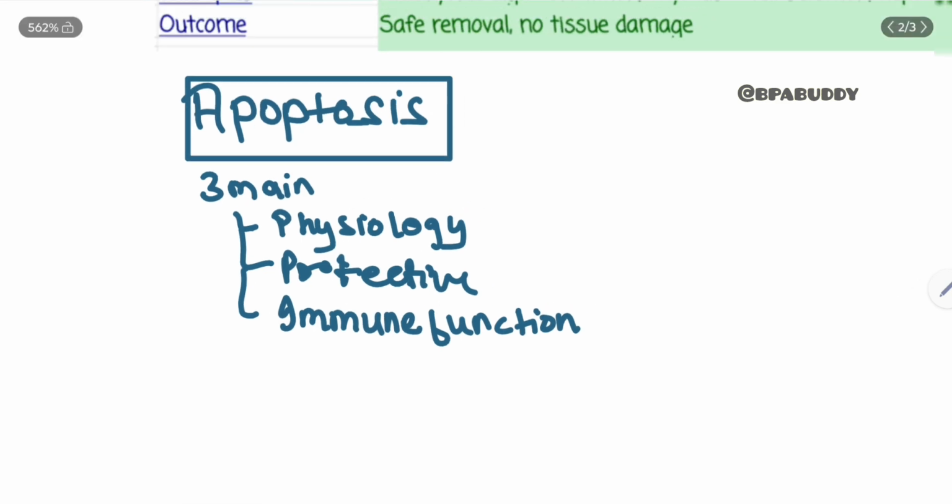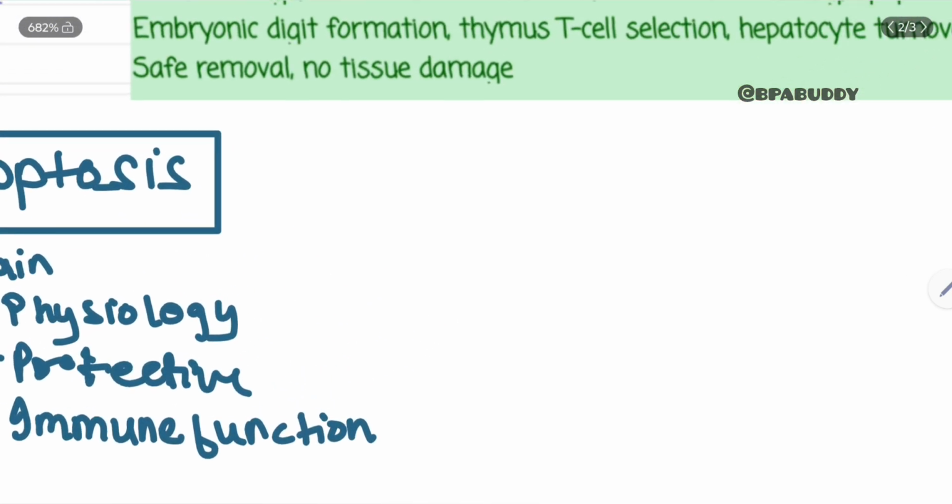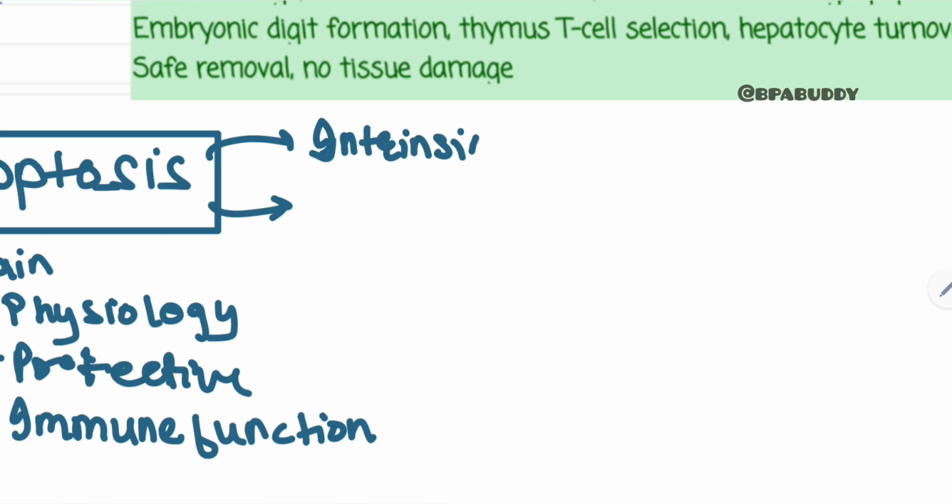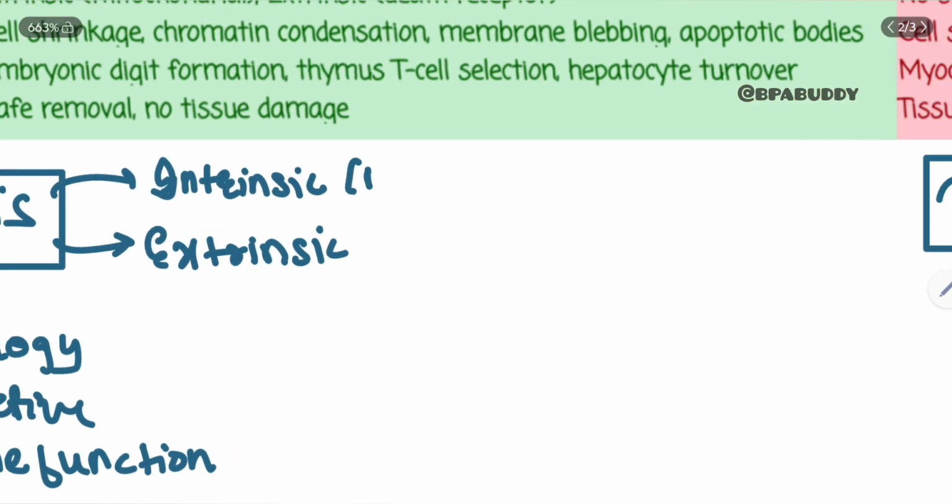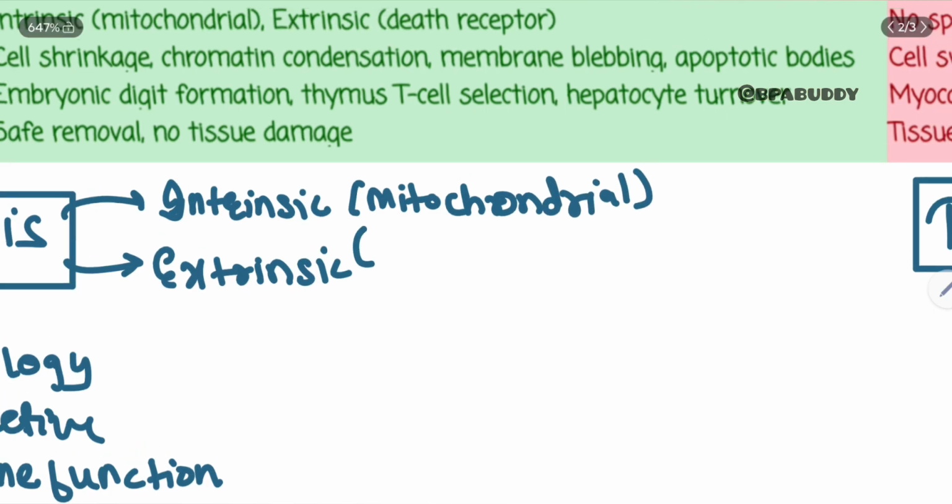The mechanism is simple for apoptosis. It has basically two pathways. One is intrinsic and one is extrinsic. The intrinsic pathway is basically the mitochondrial pathway, and the extrinsic pathway is the death receptor pathway.